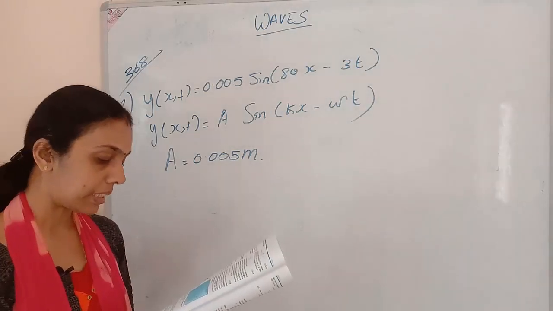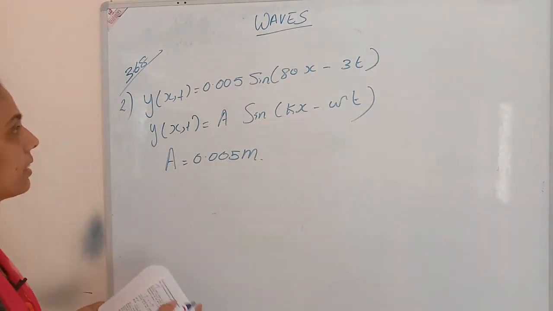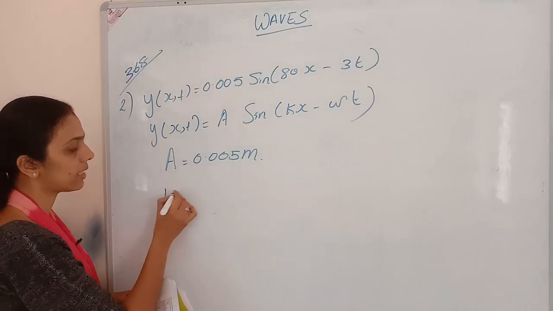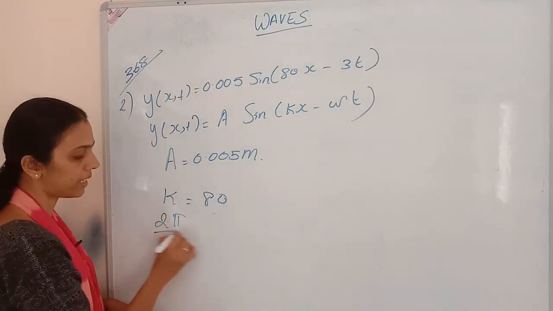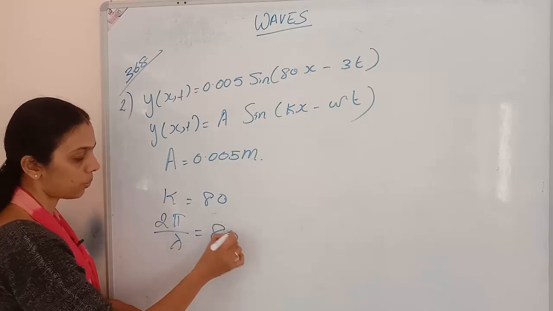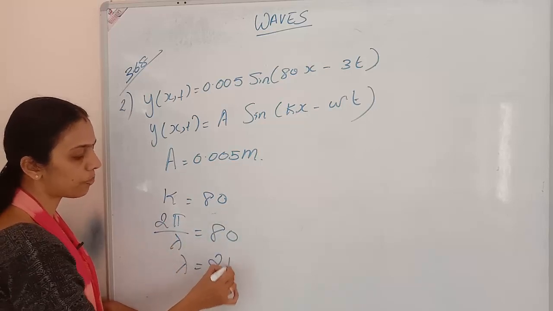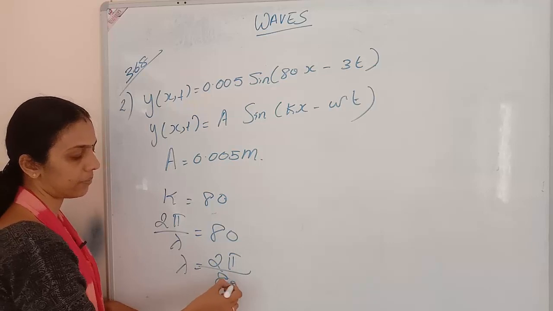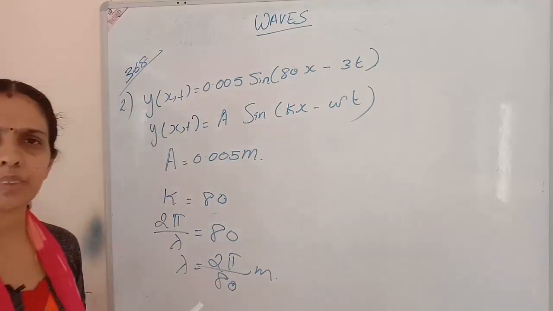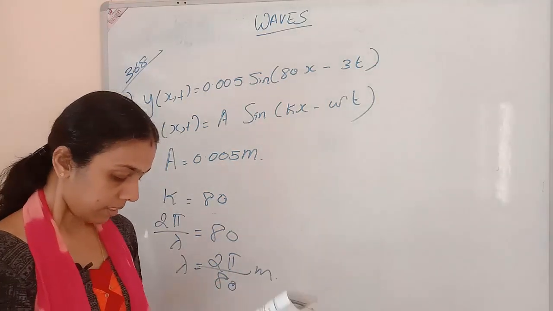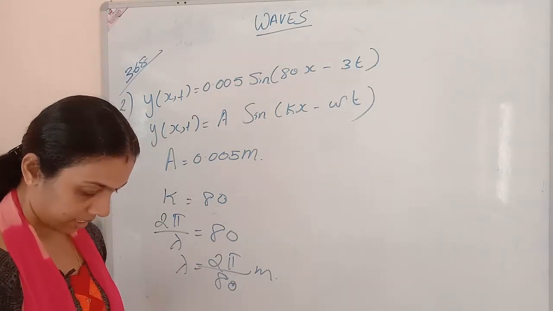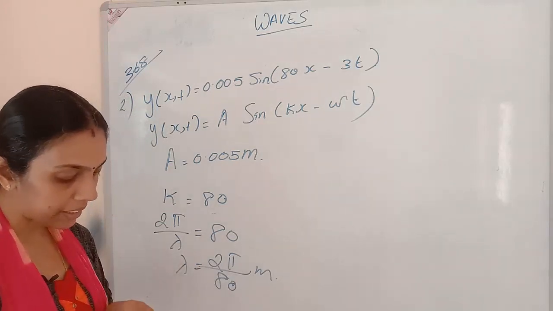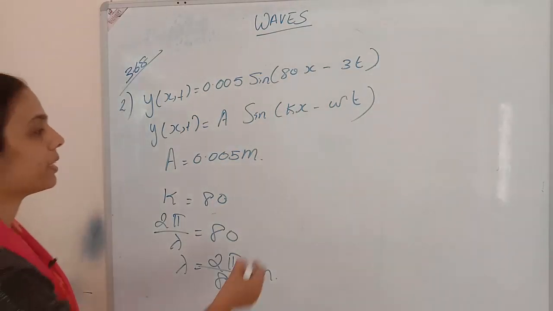Then next is wavelength. How can we write it down? See, k equals 80, and k equals 2 pi by lambda, as we learned. So lambda equals 2 pi divided by 80 meters. Next is period and frequency.